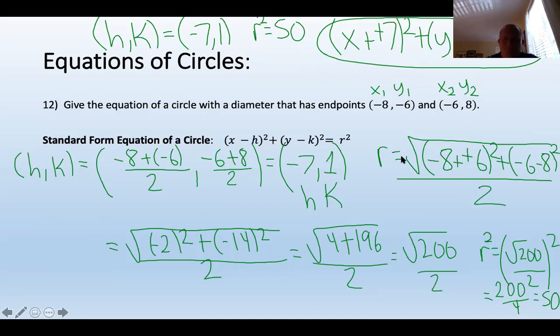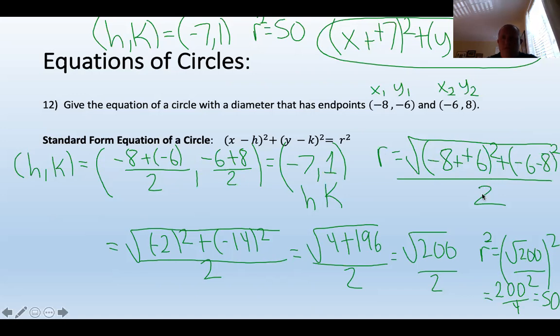So here's how I set it up. R equals the square root of (x1, which is -8, minus x2, which is -6, which changes the signs to positives there) squared, plus (y1, which is -6, minus y2, which is +8) squared.